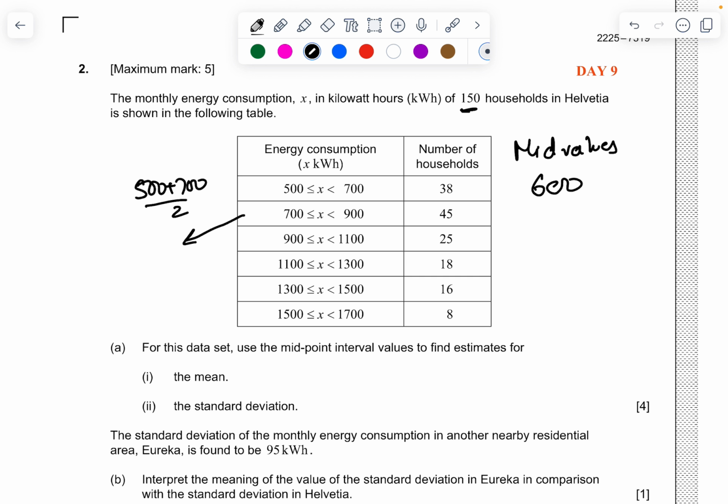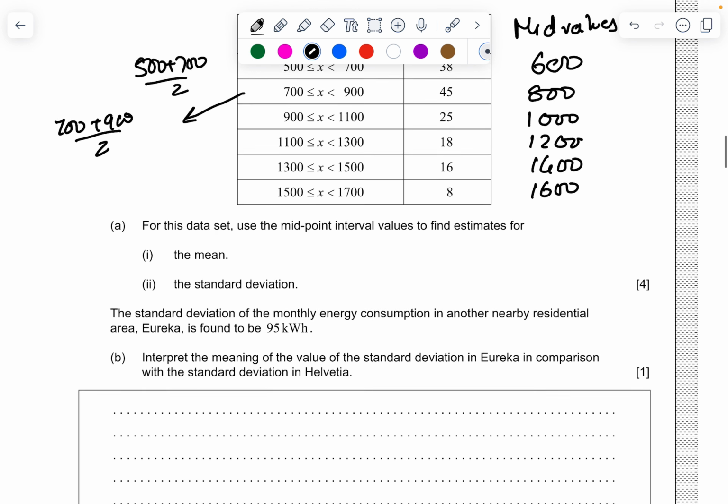So for this one, it's going to be 700 plus 900 divided by 2, which is going to be 800. And in the same way this is going to be 1000, and this one is 1200, and this is 1400 and 1600.